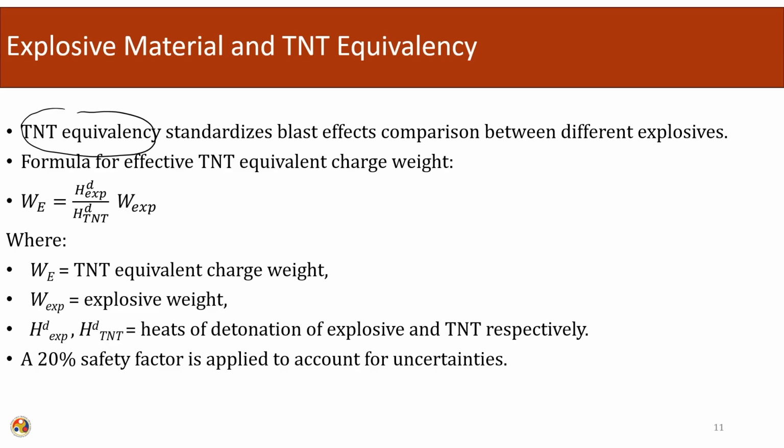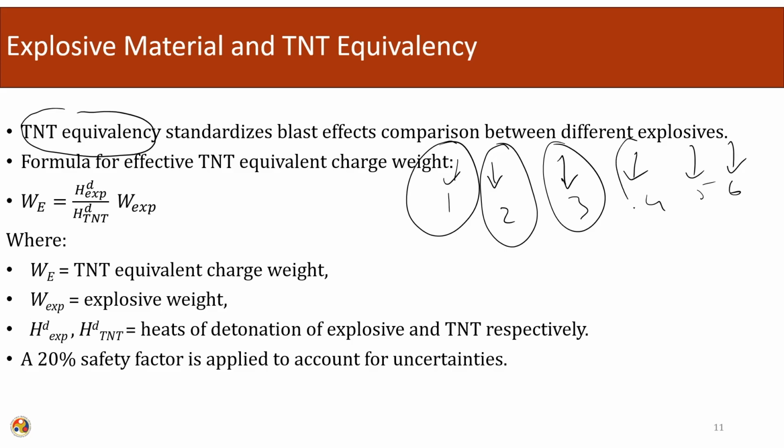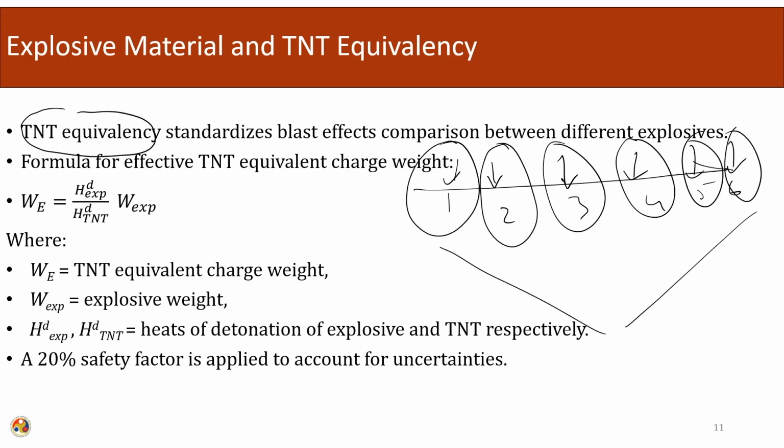Simply put, let us say there are 4 or 5 or n different explosives, explosive 1, 2, 3, 4, 5, 6. They are of different mass and different shapes, and different types of explosives can be made using different compositions. Now if you want to analyze the effect of so many explosives, it will be very difficult for us.